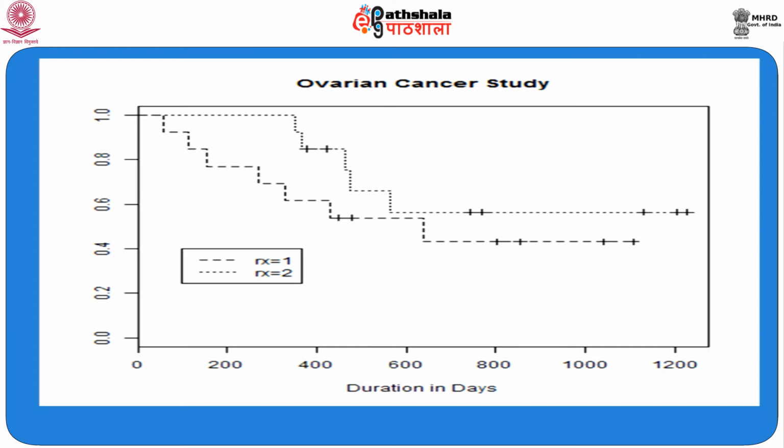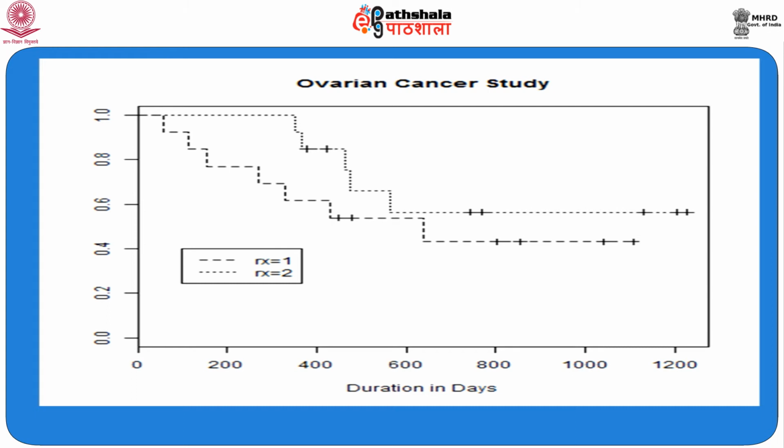The long dashes curve is for Rx1 and the small dashes curve is for Rx2. So we can see that Rx1 was not better in comparison to Rx2, since overall survival every time was better in Rx2 than Rx1.